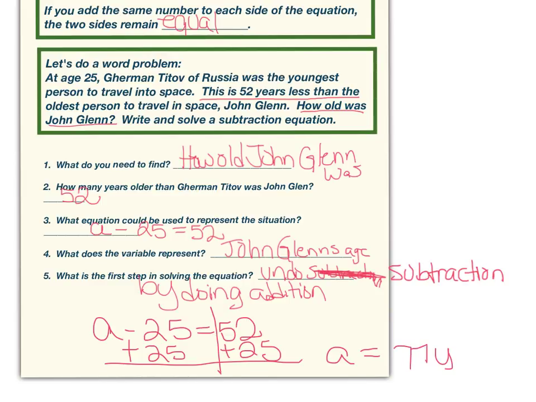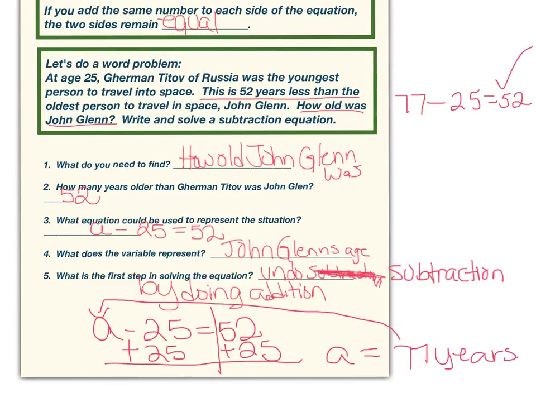So John Glenn was 77 years old. Hopefully that makes sense to you. And if you want to check your answer, you can take your variable and plop it right back in and do 77 minus 25 equals 52. You can check that on your calculator. And yes, that is correct.